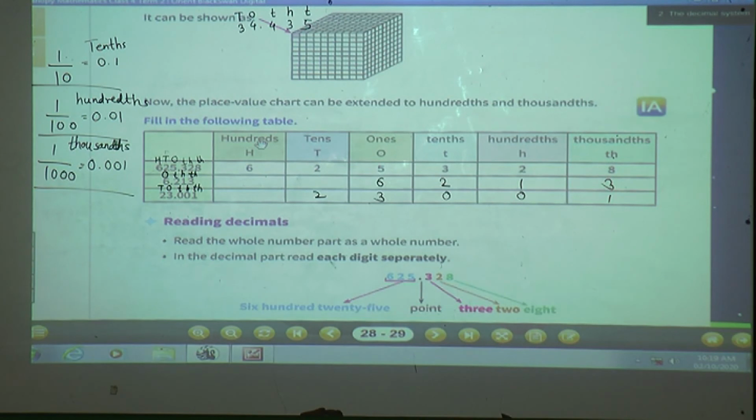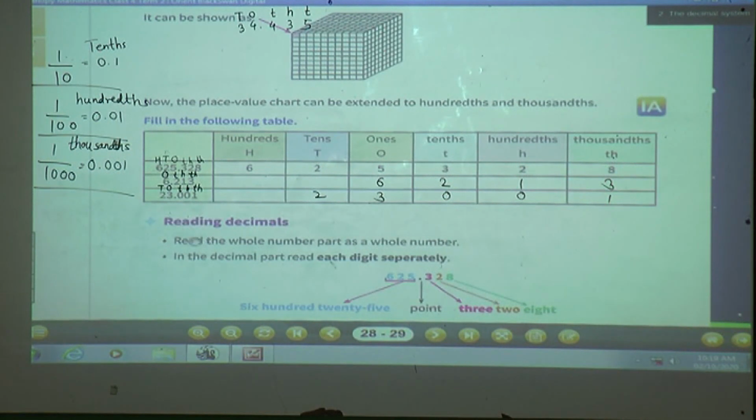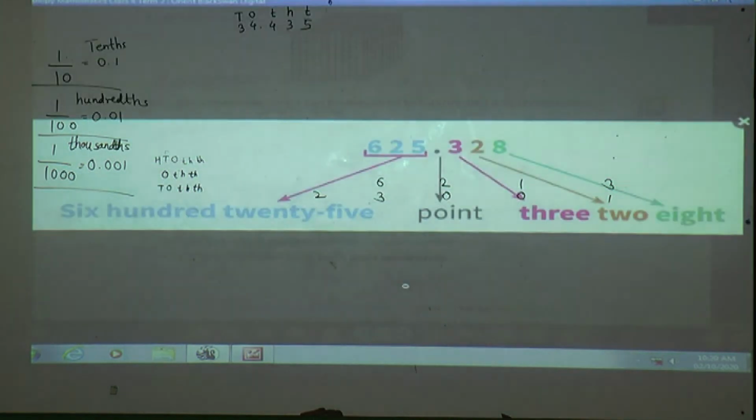Now how do we read these decimal numbers? Read the whole number part as a whole number. In the decimal part, read each digit separately.